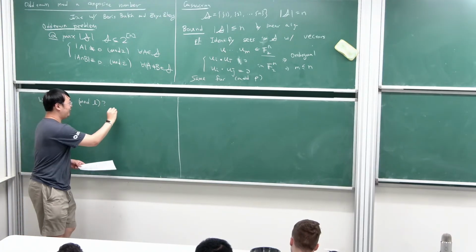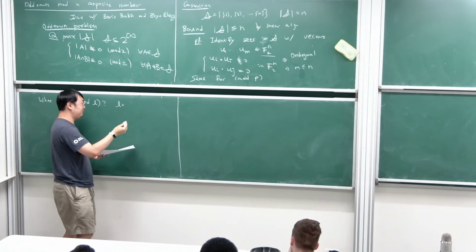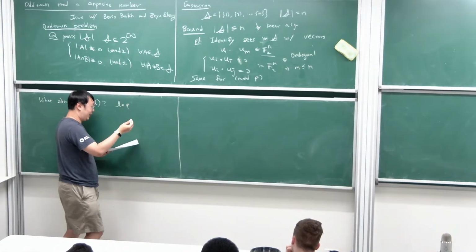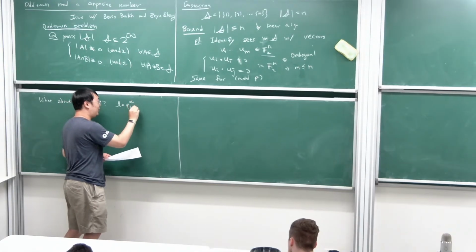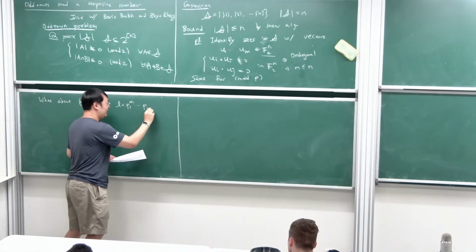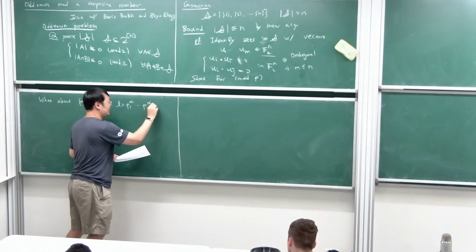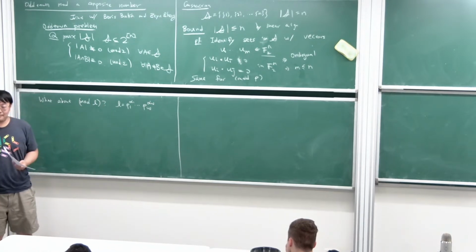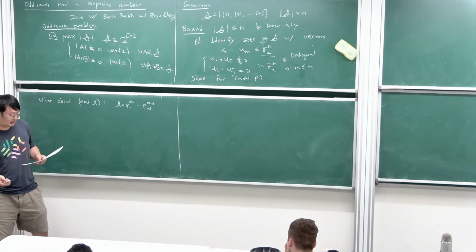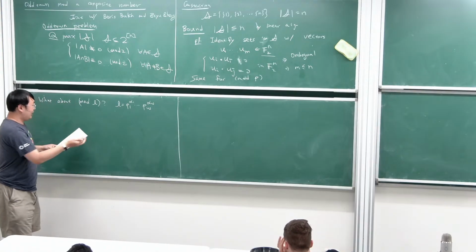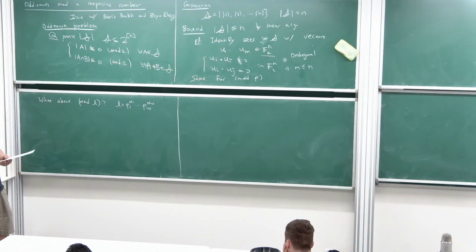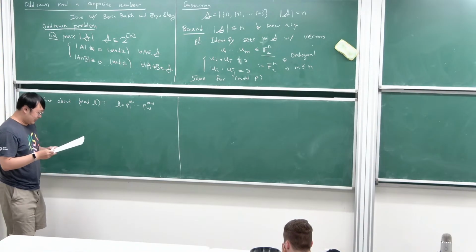Let's say we have a composite number L, whose prime factorization is p1^alpha1 all the way up to p_omega^alpha_omega, so it has omega many prime factors. Then what's the best construction and bound we can get?